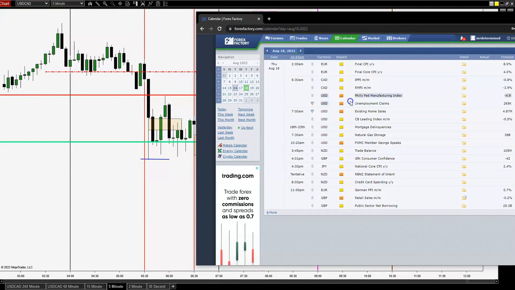I love to see these orange news, and then 7 a.m. existing home sales. So that's perfect. 10 a.m. is obviously way too PM session for me. By the way, this is all PST here, so just convert it to your time, because it's Pacific time for me.